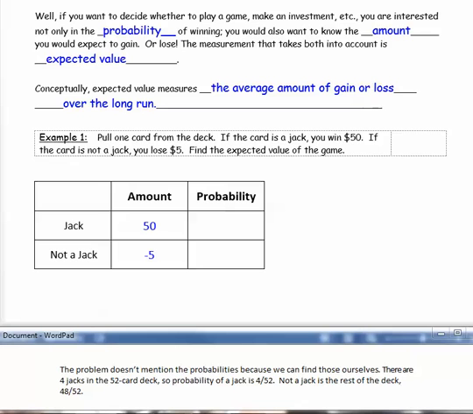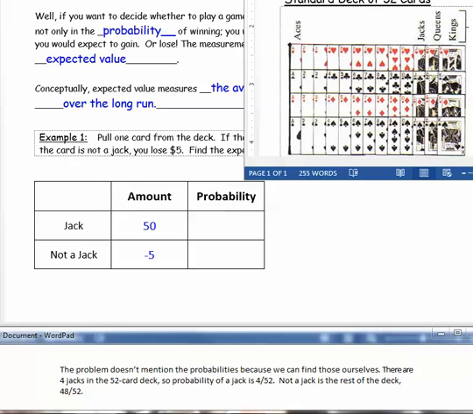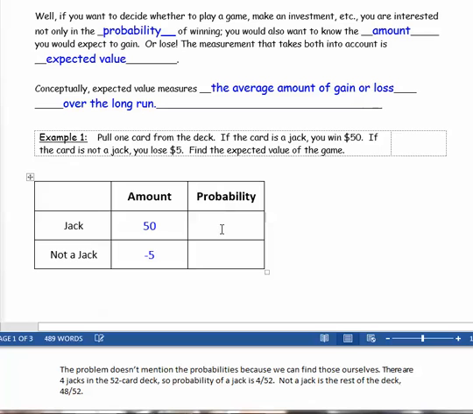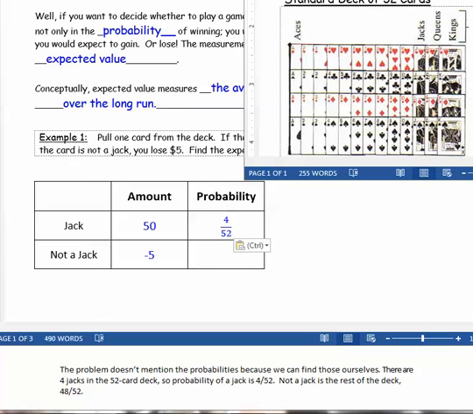The problem doesn't mention the probabilities because we can find those ourselves. There are 4 jacks in the 52 card deck, so the probability of a jack is 4 out of 52. Not a jack is the rest of the deck, 48 out of 52.